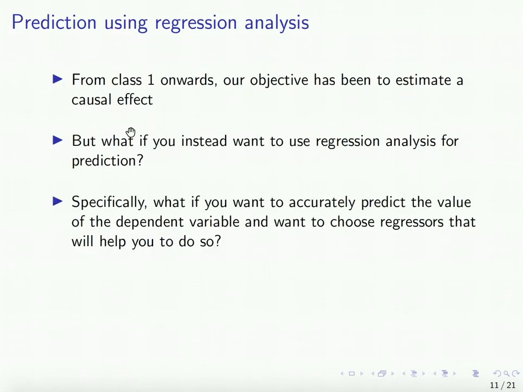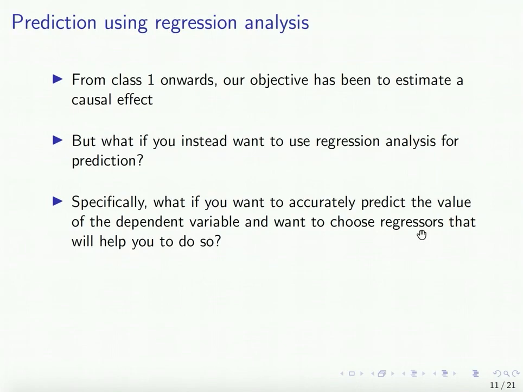If you want to predict this y hat accurately, the way you're going to do that is you're going to compare the y hat that your model is predicting against the y that you actually observe in the data, the yi that you observe in the data. And so depending on the regressors that you choose, you're going to see that you are predicting this yi more or less accurately given the y hat that your model is predicting.